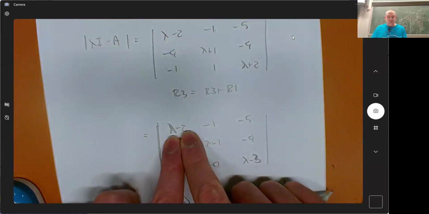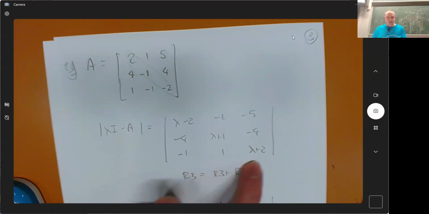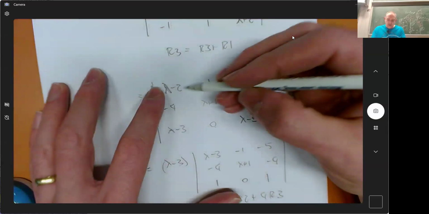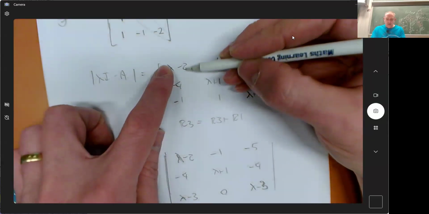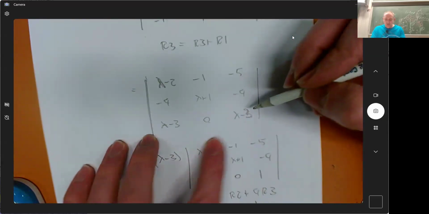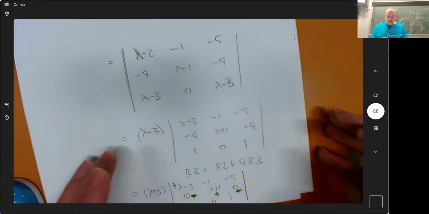So we had lambda minus 2, minus 5, 4, minus 1, 4, 1. That's a plus 2. And so when I added this onto there, that gave me a minus 3, 0, and a minus 3. And I pulled out the lambda minus 3 and left me with a 1. And I added that onto there.